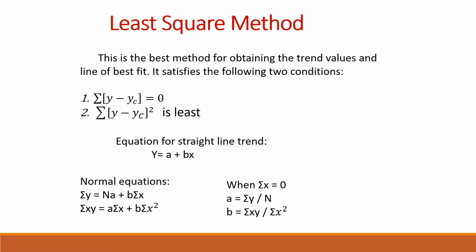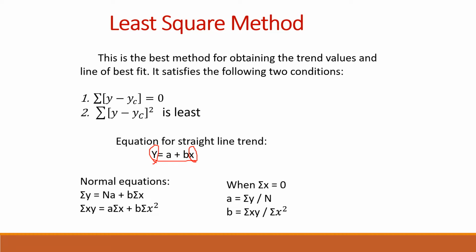So for that trend line, the equation is y equals a plus bx, where y represents the trend value, a and b represent the constants and x represents the deviation. The values of a and b can be found by solving the normal equations simultaneously.